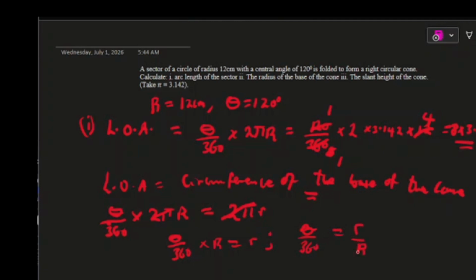over big R. So this is actually the relationship, but for this question what we are asked to calculate is this small r, and it's already the subject of the formula.